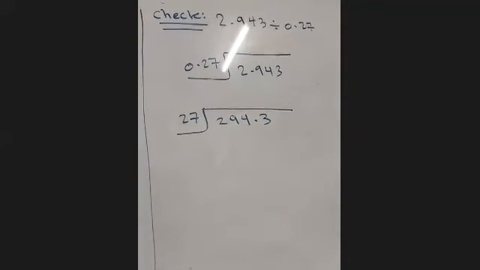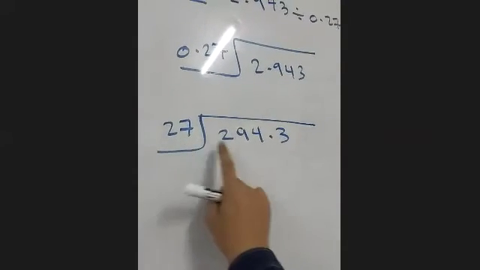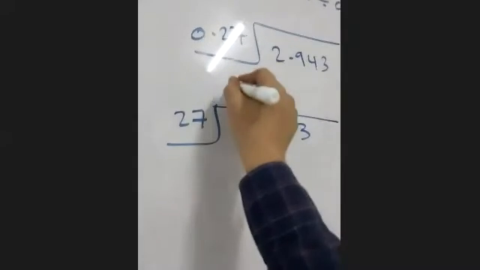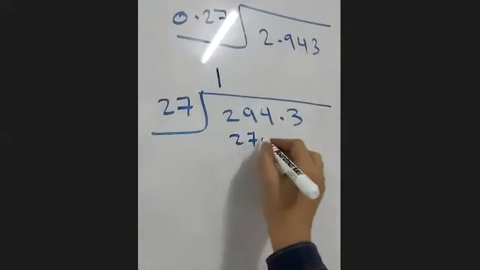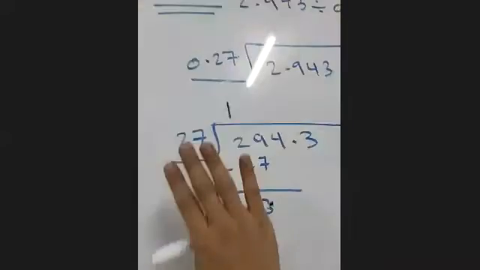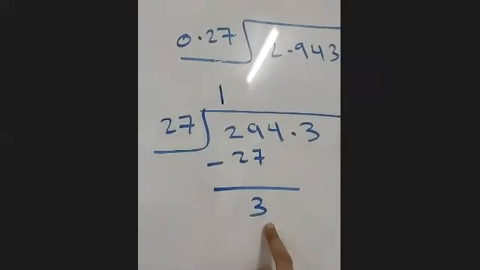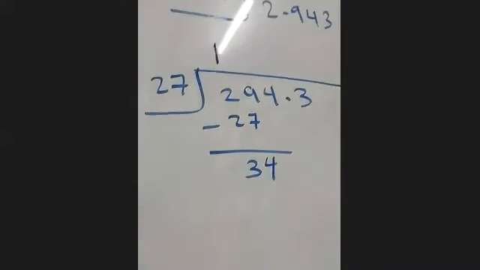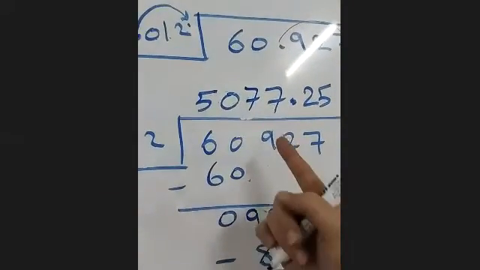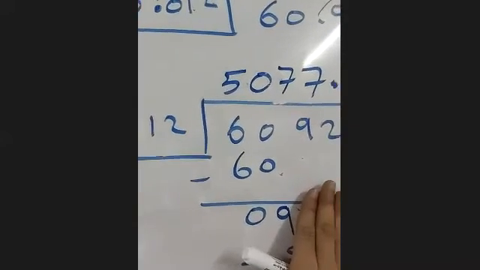Now I will do normal division. 2 divided by 27, it cannot be. 29 divided by 27, choose 1. 1 by 27 is 27. Subtract, 2. Now 2 is less than 27, I'm okay. So I will bring the 4 down, 24. Remember, when I put 0 in the quotient earlier, I brought the 9 and it was still less, that's why I put 0.